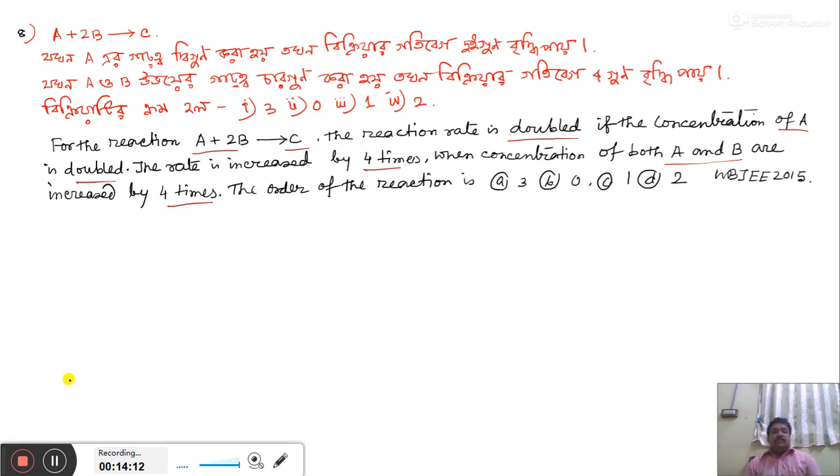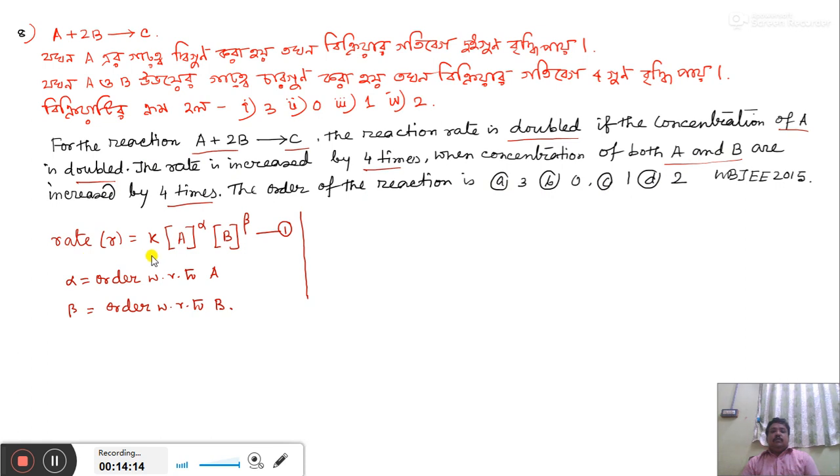Now for this reaction we can write rate is equal to K into molar concentration of A to the power alpha and B to the power beta, where alpha is the order with respect to A and beta is the order with respect to B. From the first observation, the rate becomes double, that means 2R is equal to K into 2A to the power alpha and B to the power beta, equation 2.